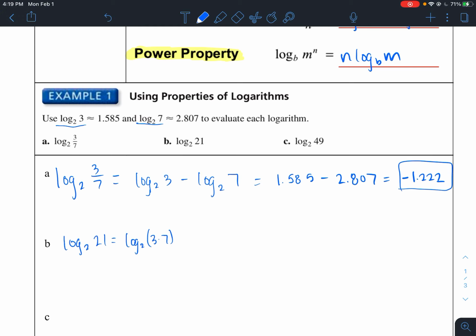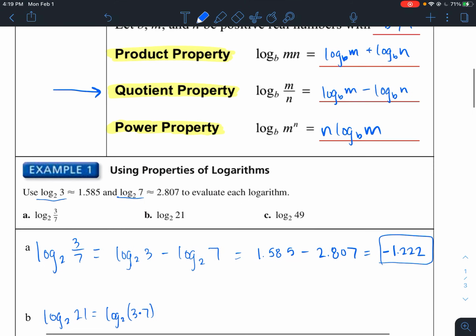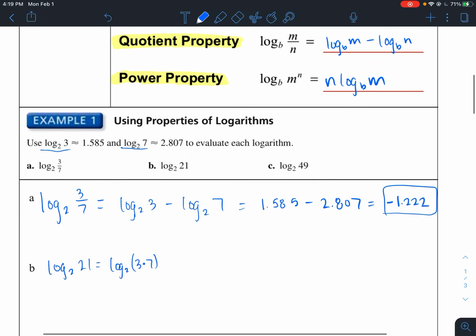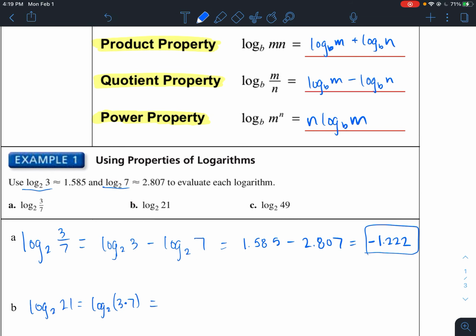Those are equivalent statements. Here I'm multiplying 3 and 7, so that should hopefully tip you off that we're going to be using a product property. If we use the property given up above, this is equivalent to log base 2 of 3 plus log base 2 of 7.